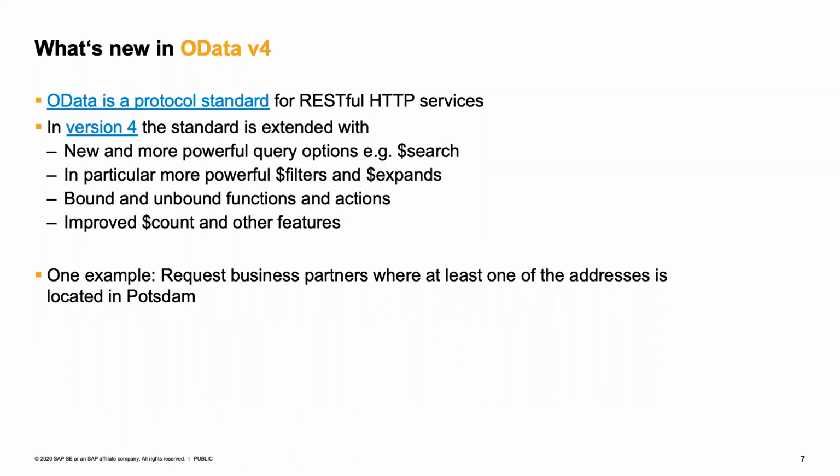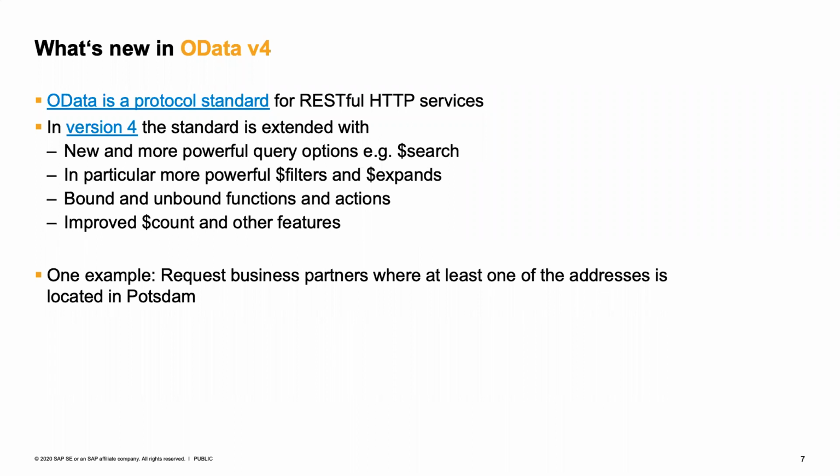There you can leverage any feature of OData v4, so filtering based on a collection where at least one of the items meets a certain criteria. So that is a rough overview of the more powerful features of OData v4.